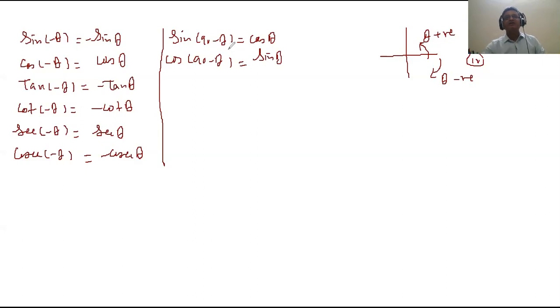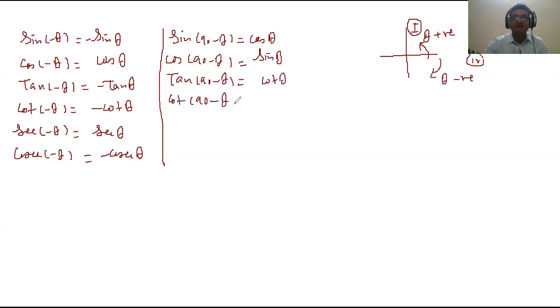When we are talking about 90 minus theta, we are considering the first quadrant, because something has been subtracted from 90. Tan of 90 minus theta is going to be cot theta, and cot of 90 minus theta will be equal to tan theta, because in the first quadrant all are positive. Sec of 90 minus theta will be equal to cosec theta, and cosec of 90 minus theta is equal to sec theta.